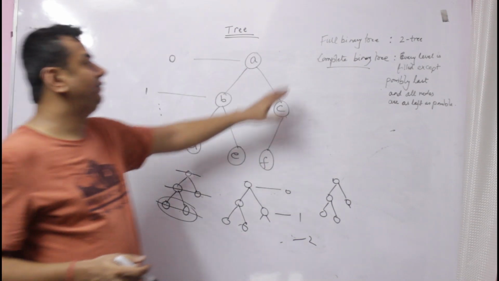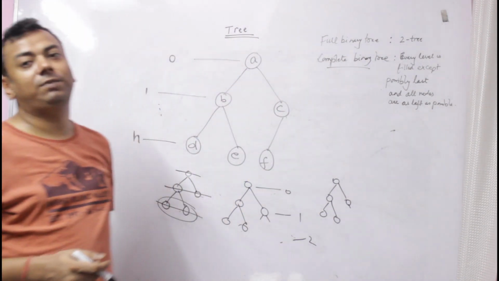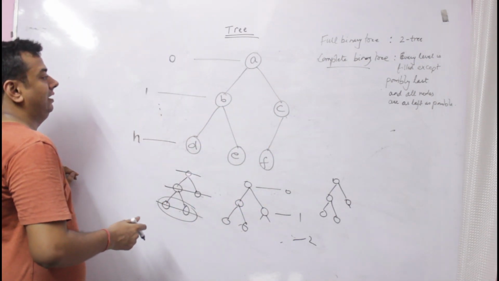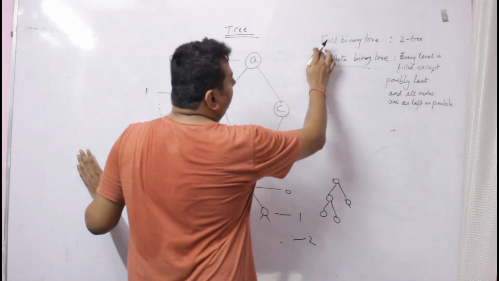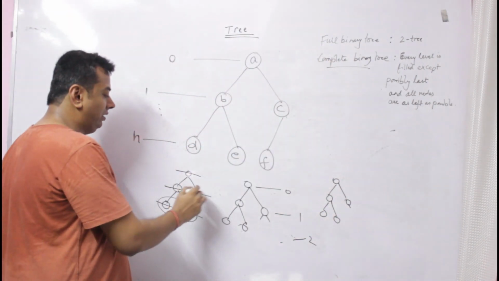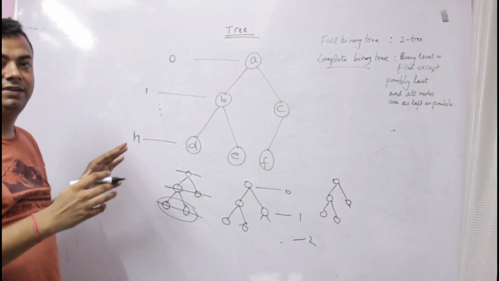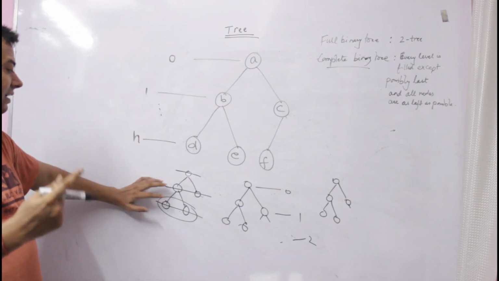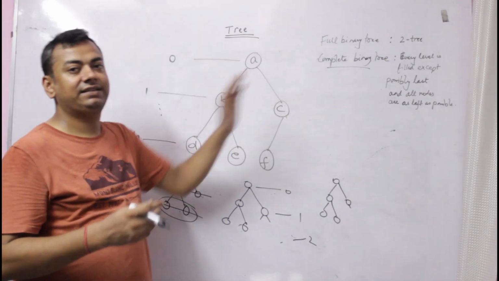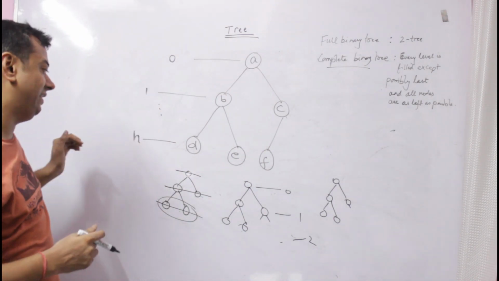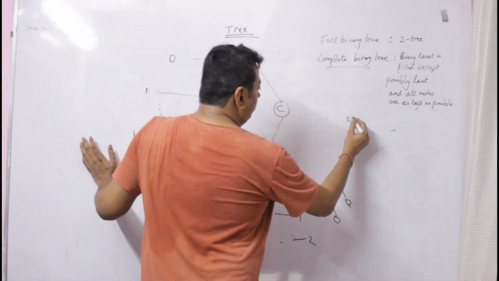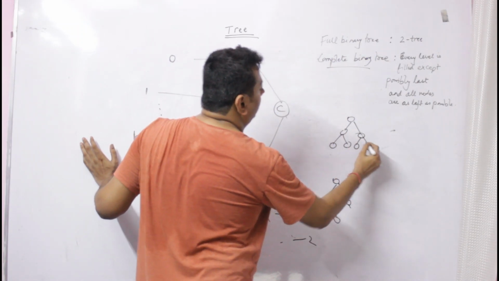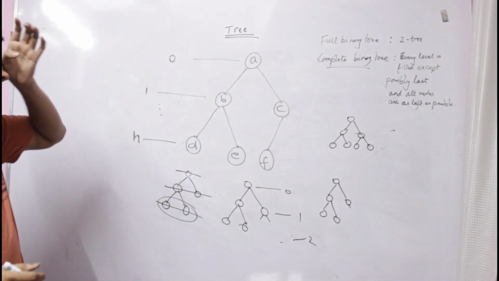Okay, so what is a full complete binary tree? The full binary tree suggests all the nodes must have either 0 or 2 children, and complete binary tree says the last level should be as left as possible. So this is full and complete also.